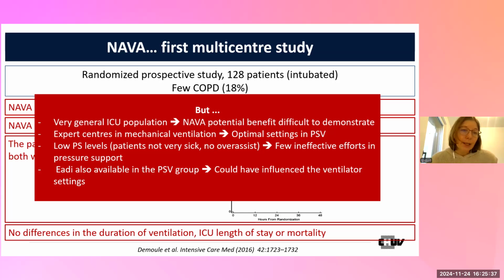In addition, the centers that participated in this study were expert centers in mechanical ventilation, and basically pressure support ventilation was optimally set, especially with very low pressure support levels in patients who, in addition, were not very sick. And there were very few asynchronies in those patients during pressure support ventilation. Then again, the expected advantage of NAVA was relatively low in this specific population.